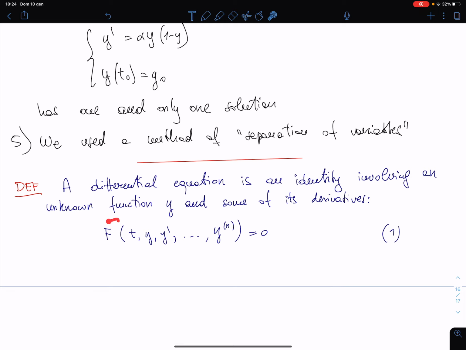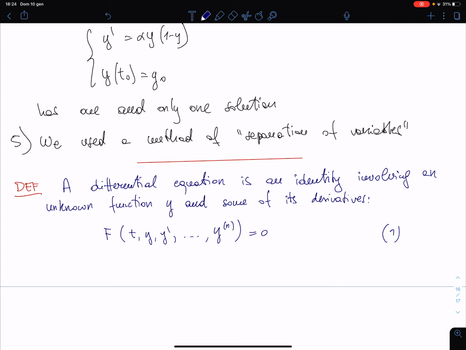What is this f? You may wonder what I mean. Every mathematical expression can contain sums, products, exponentials, logarithms, tangent, sine, cosine, arctangent, hyperbolic cosine, whatever you can imagine.